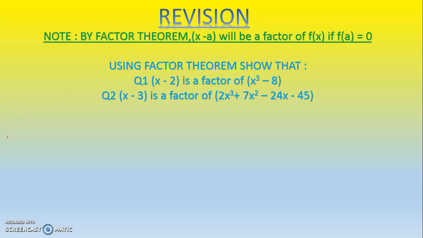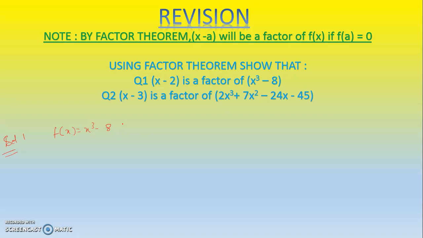Now see, for example, first, solution for first question. See what this note says? By factor theorem, x minus a will be a factor of f(x) if f(a) is equal to 0. So for solution 1, f(x) is equal to x cube minus 8, right?